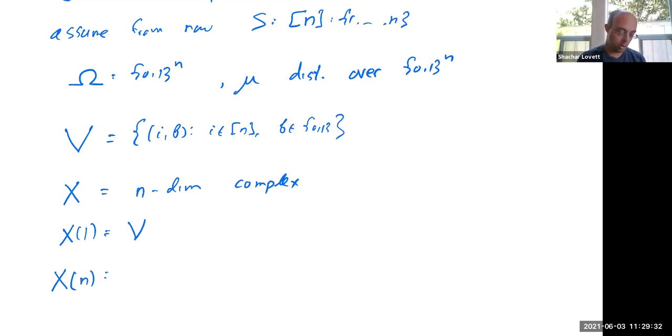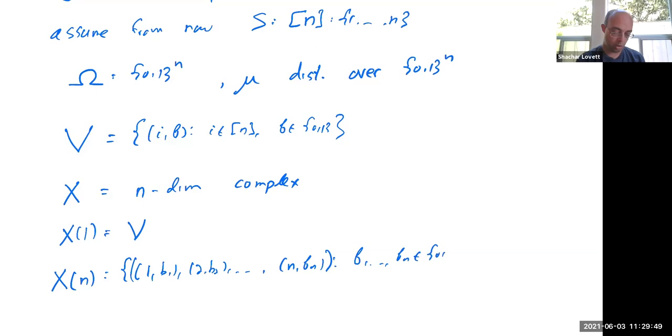So X_n looks like all the things of the form (1,b1), (2,b2), up to (n,bn), where b1 up to bn are in {0,1}.